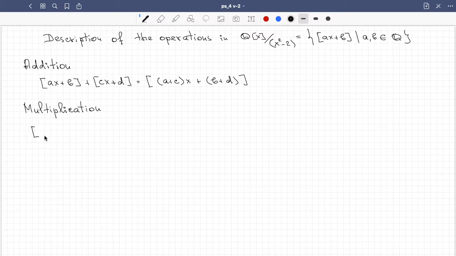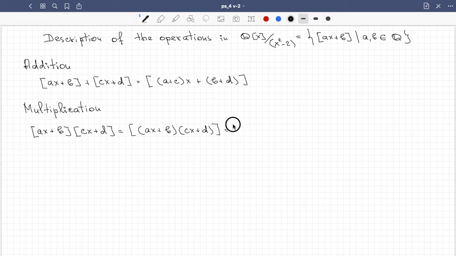When we multiply two classes, we, of course, again, by the rule, get the class of the product of representatives. That is the class of ax plus b times cx plus d.